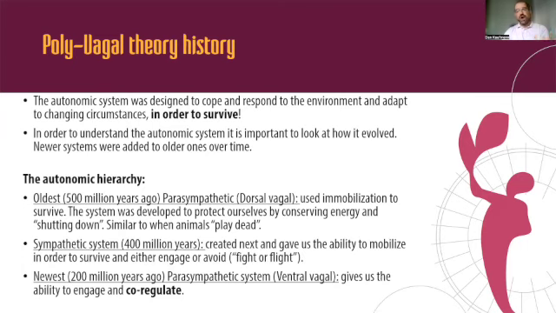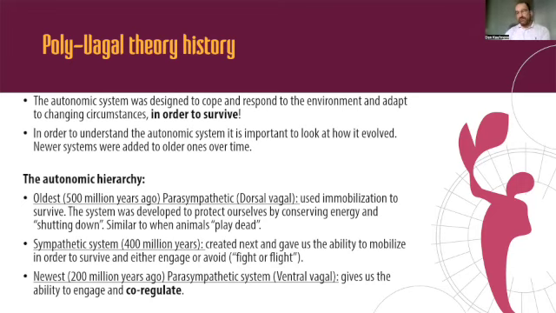What were the processes that the autonomic system actually began to use during evolution? So what we want to do is go to the distant past, like 500 million years ago, and that is when the oldest branch of the parasympathetic system was created.